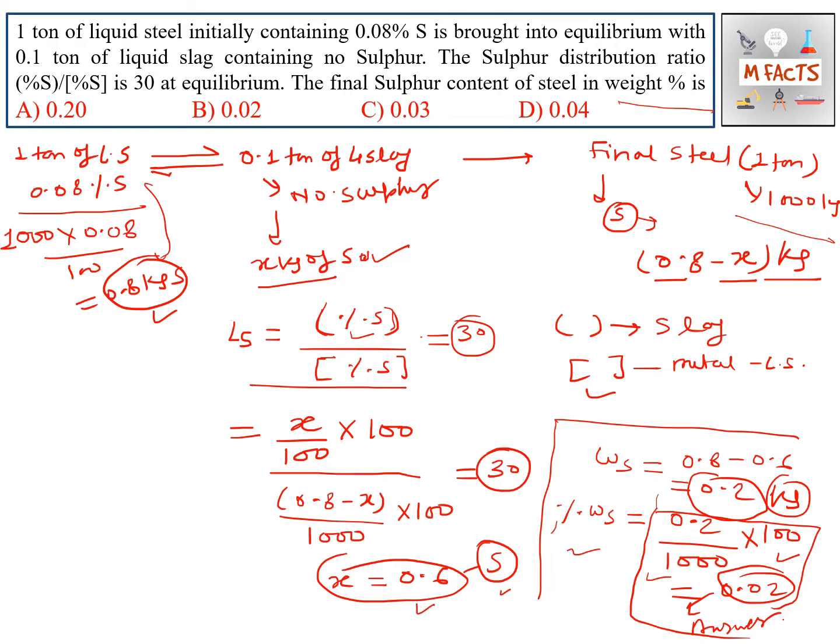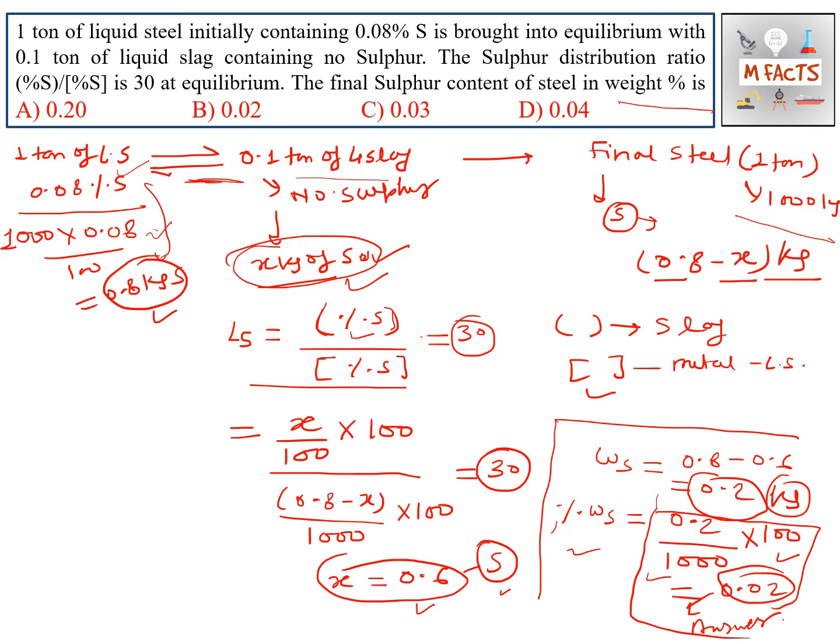Once again, let us see how we solved this question. Initially we had 1 ton of liquid steel, which was brought into equilibrium with 0.1 ton of liquid slag. We need to understand why: it is to reduce the sulfur content. From the initial liquid steel, sulfur will go into the slag, which we assume is x kg.